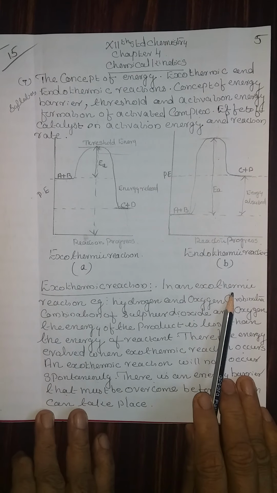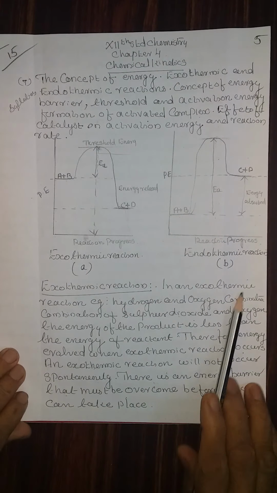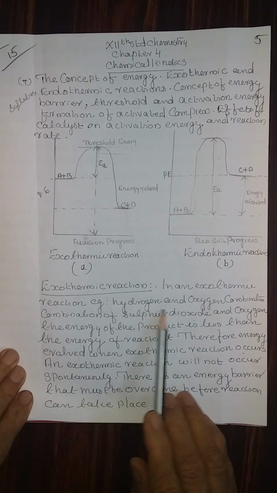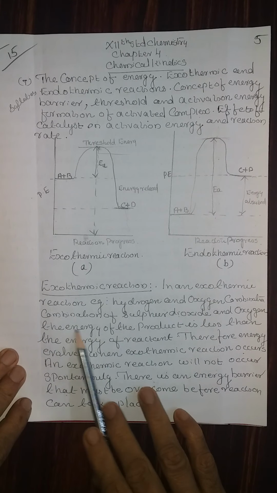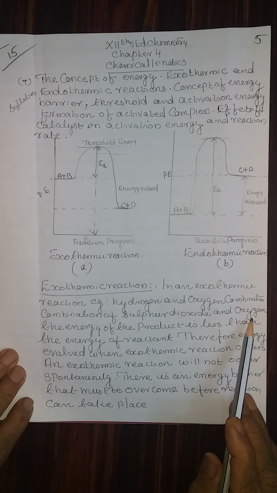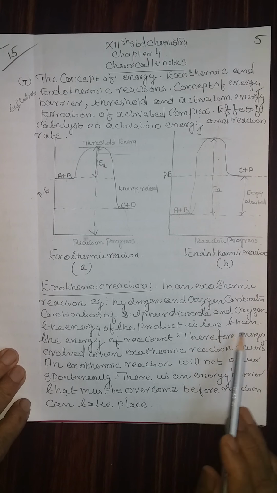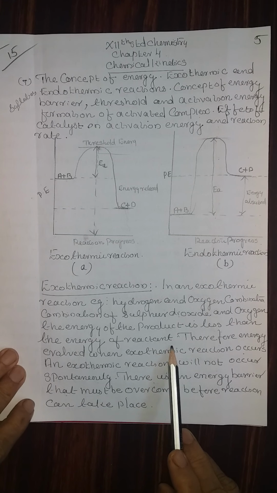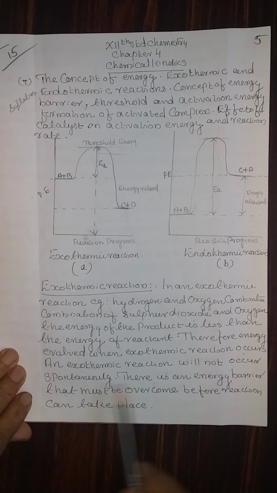Now let us see in detail exothermic reaction. In an exothermic reaction, for example, hydrogen and oxygen combination and combination of sulfur dioxide and oxygen, the energy of the product is less than the energy of the reactant. Therefore, the energy is evolved when an exothermic reaction occurs.